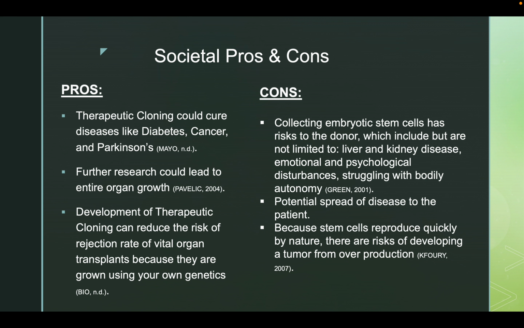Emotional and psychological disturbances, there's a huge issue there when it comes to bodily autonomy and the emotional toll it takes on you, not just from the influx of hormones going into your body, but really the idea of egg donation. It can be very conflicting to some women, so that is something to consider. And then once again, just struggling with bodily autonomy.